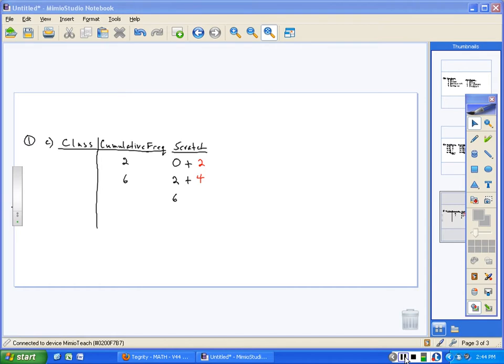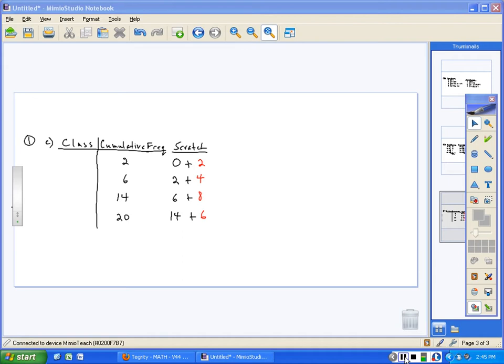Then we take that 6 and add the next class frequency, which is 8. And 6 plus 8 would be 14. Then we take that 14 and add the last class frequency, which is 6. And that totals 20. That is our check, because the last number should be the total number of pieces of data, which is 20.